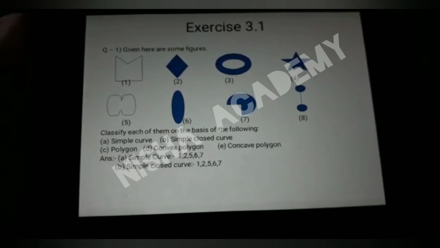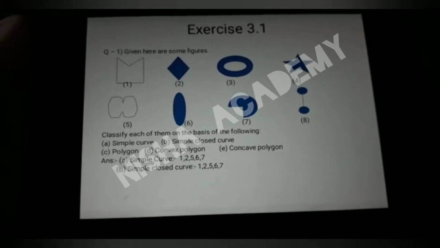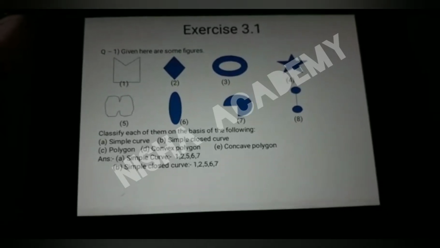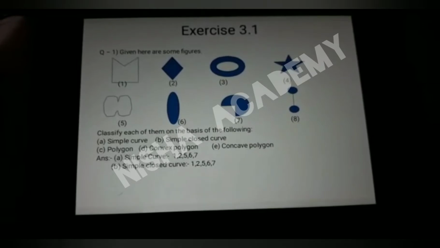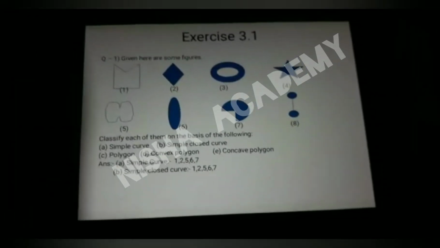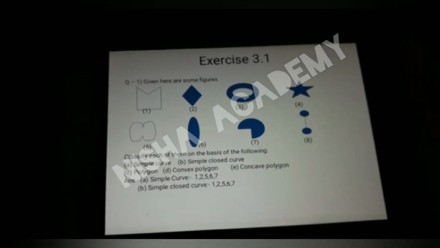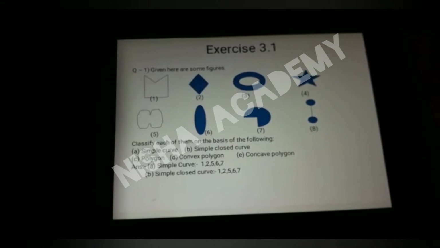Curve means it should be formed with a line segment. Same way in the fifth there is a curve but it meets somewhere or the other. It should meet each other.